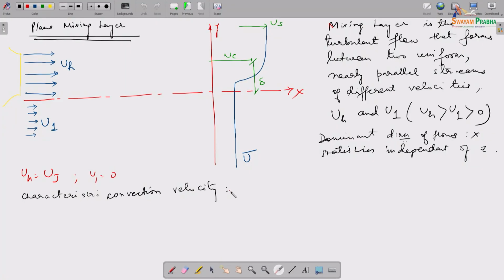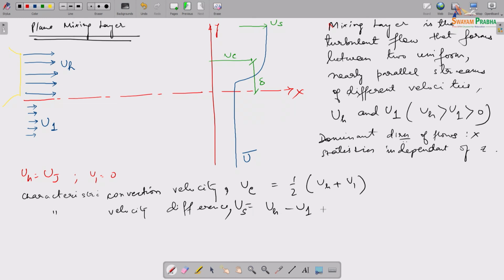So this is essentially UC, which is equal to half of UH plus U1. And the characteristic velocity difference, US, is equal to UH minus U1.